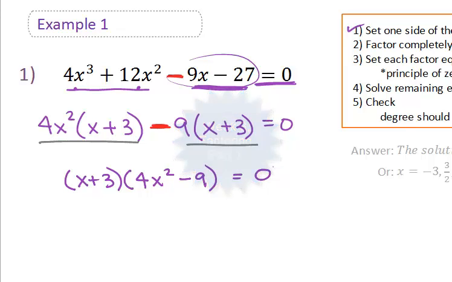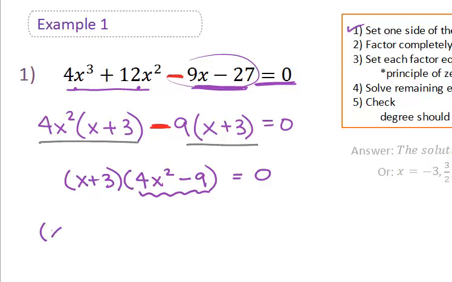Now we have finished the factor by grouping step, but we are not factored completely because our second set of parentheses is a difference of squares. It has two terms where there is a square in the first and a square in the last.